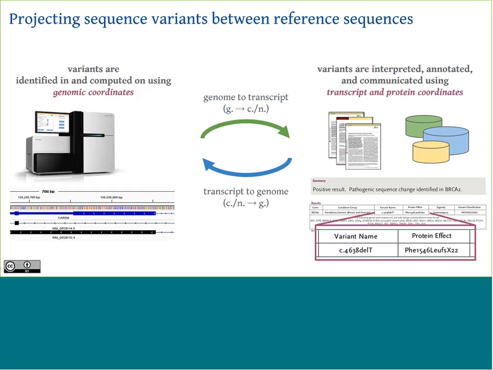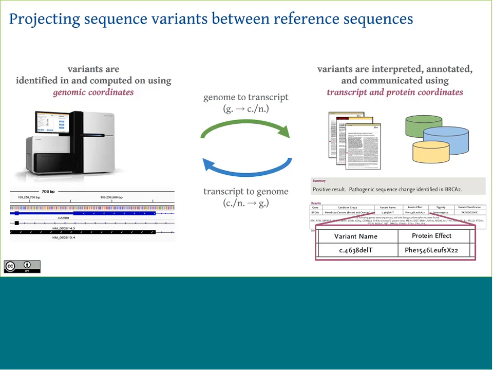We identify variants in genomic coordinates during sequencing, and in order to understand the impact of those variants and interpret them and communicate them, we have to translate them into transcript and protein coordinates. And conversely, once they're published and then read by people, we take those transcript or protein coordinates and try to infer where those are in the genome.